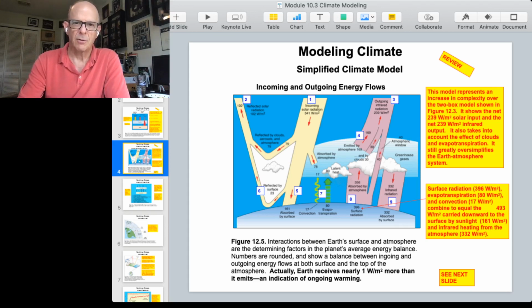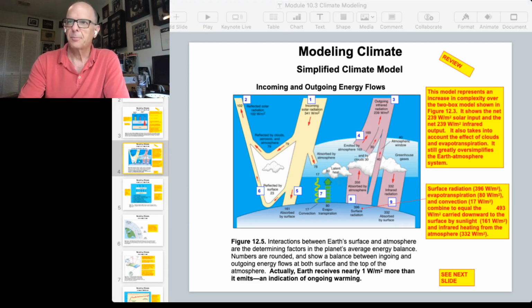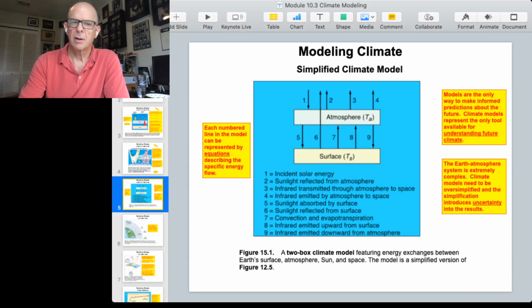And if those aren't balanced, if there's more energy coming in than going out, the Earth is going to heat up. And if there was more energy going out than coming in, the Earth would cool off. So let's take a look at these in a little bit more detail.